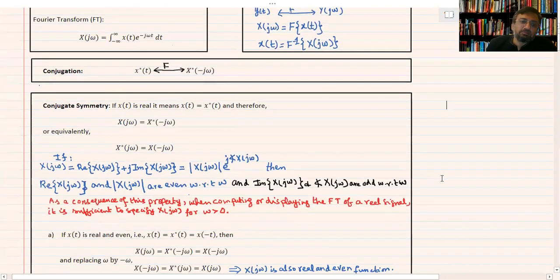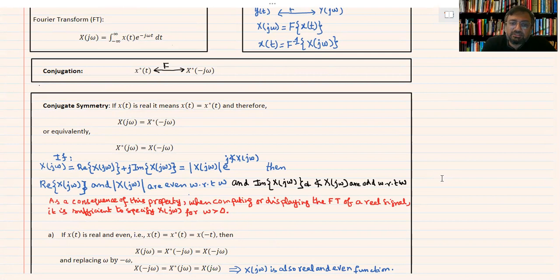And there is one important consequence of this property. Whenever we are dealing with real signals, it is sufficient to compute or display the Fourier transform of real signals just for the positive values of omega. And you will see this in communication systems.